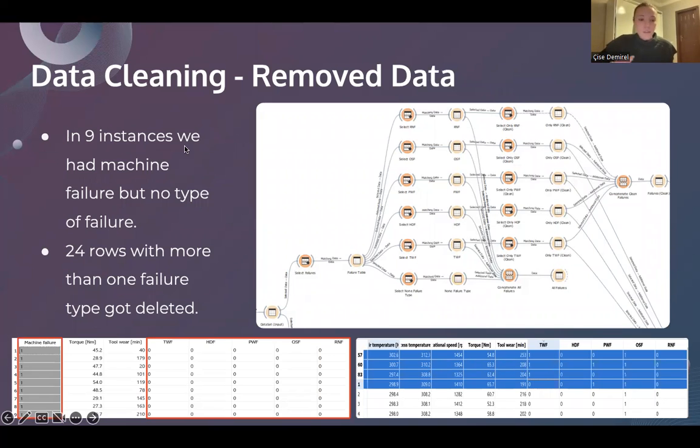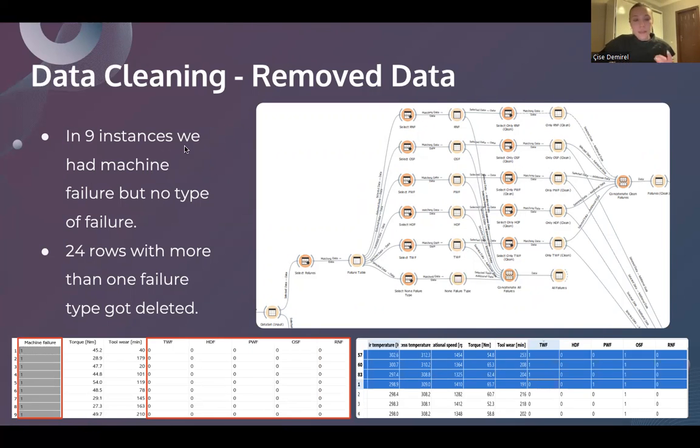Here at the left bottom part of the page, there is a table which contains machine failure and the failure types. In 9 instances, we had machine failure, as you can see the ones in the machine failure column, but we don't have type of failure, as all of them are 0, you can see.